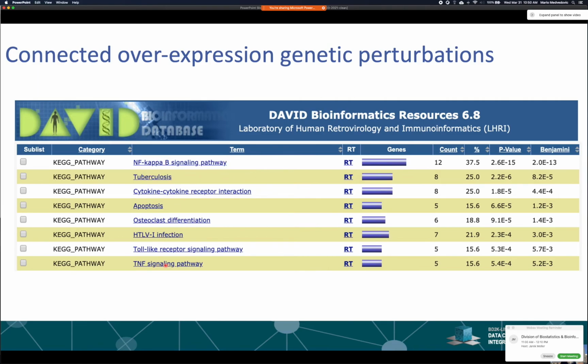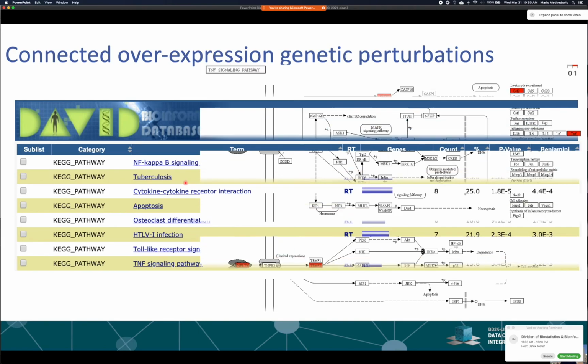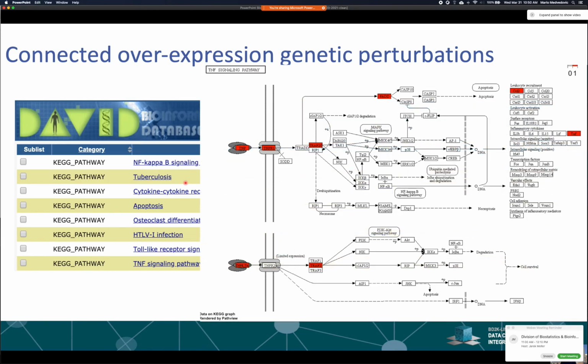Our TNF signaling is still significant, and some other related pathways show up as well. But again, I will look at this map now. TNF related genes, right?